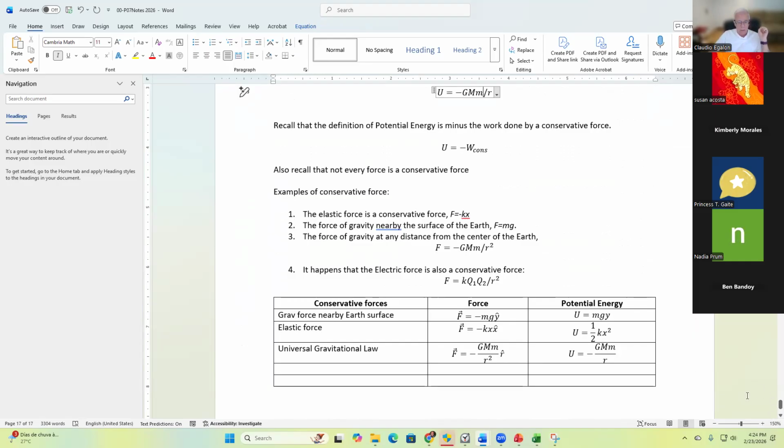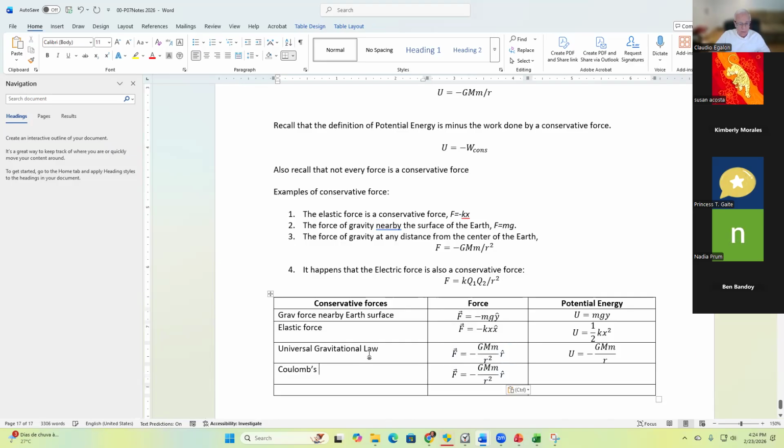Here you go. Universal gravitational law, and now Coulomb's law. Coulomb's law is like that. Don't forget, Coulomb's law is for a point charge. Point charge. Okay, and it's not going to be G, it's going to be a k. It is going to be, put it big Q, small q, like that. Okay? Divided by r squared. Is that a negative?